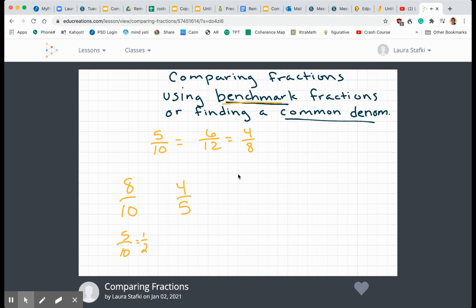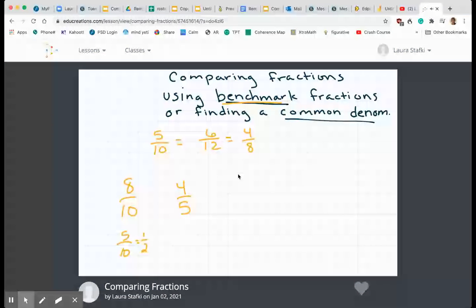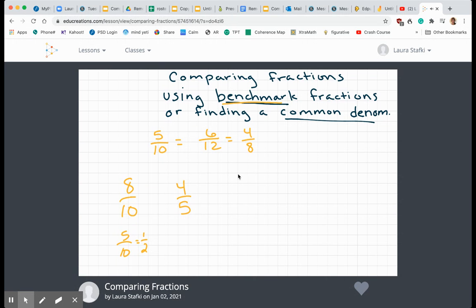And so I know that 8/10 is greater than half. And I know that half of 5 is 2.5. So 2/5 is a little bit smaller than half, and 3/5 is a little bit greater than half. So 4/5 is greater than half.